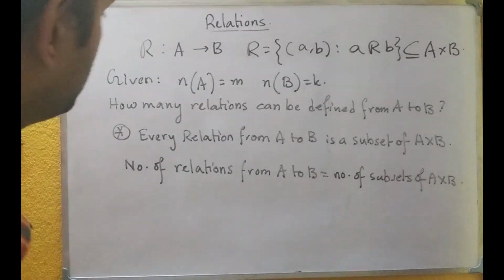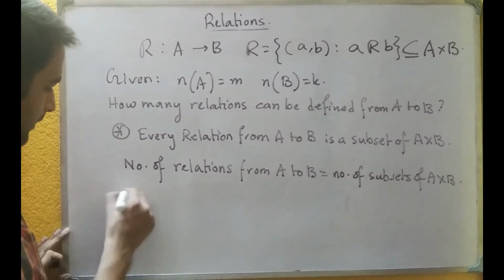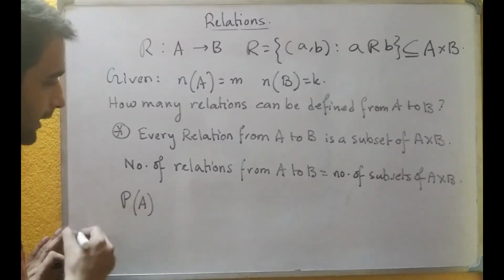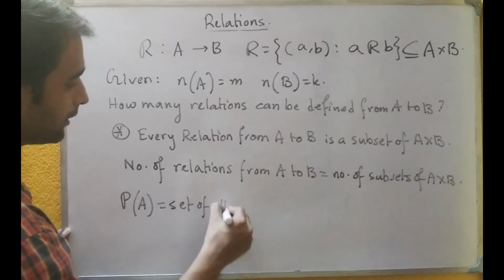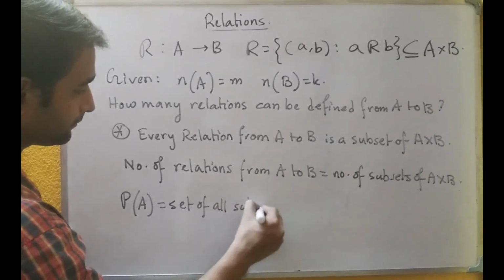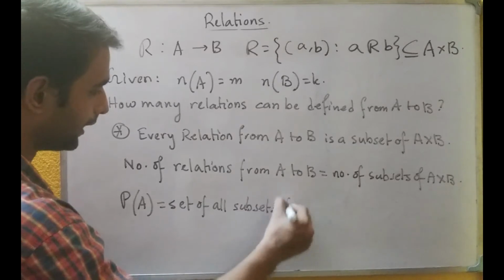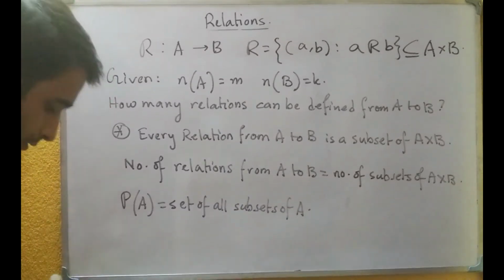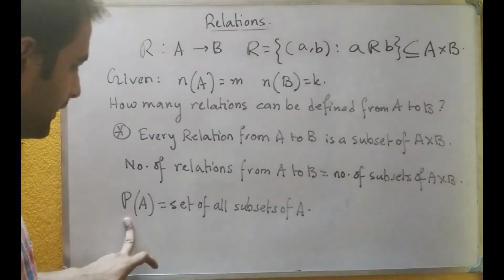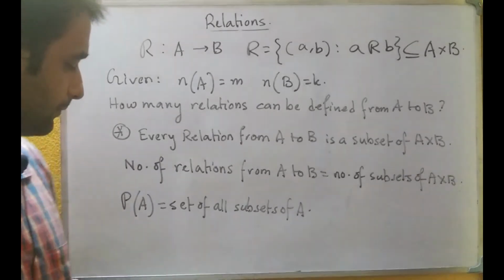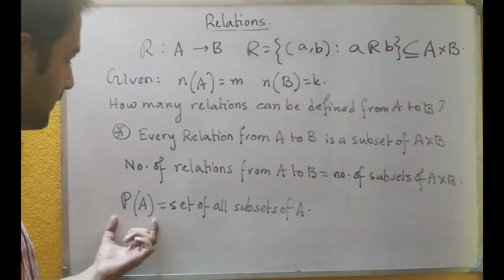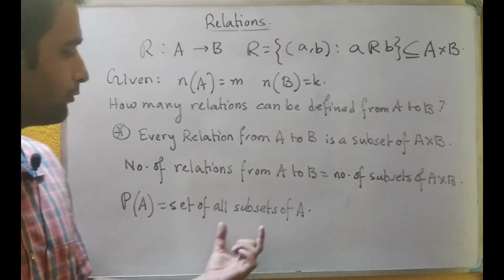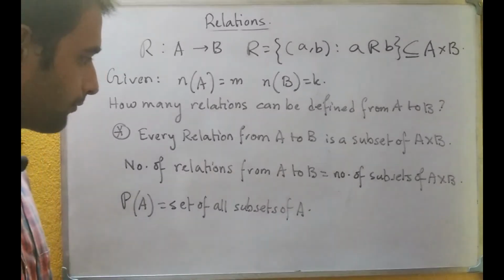See, here we know that the power set of some set is the set of all subsets of A. So the power set of A is the collection of all the subsets of A. So if we can count the number of elements in this set, we can count the number of subsets of it.